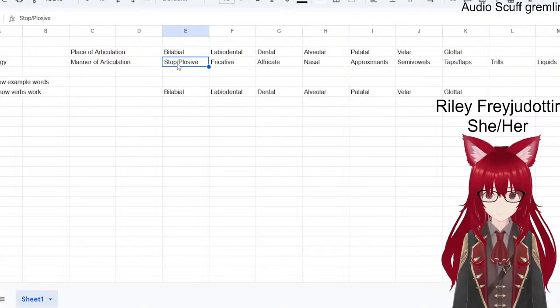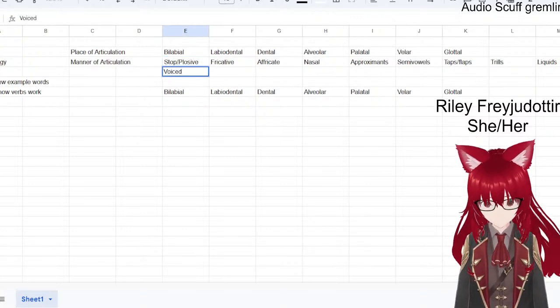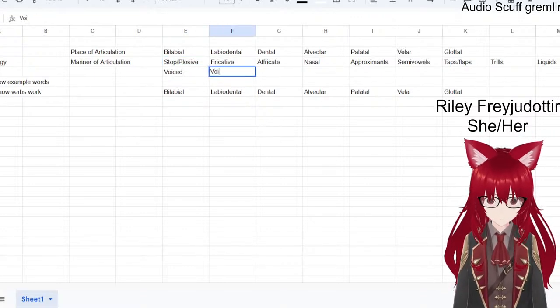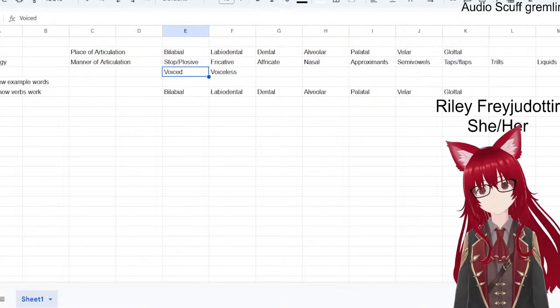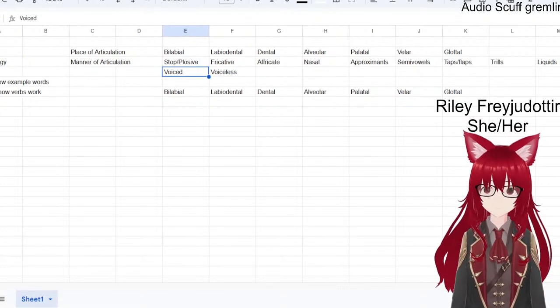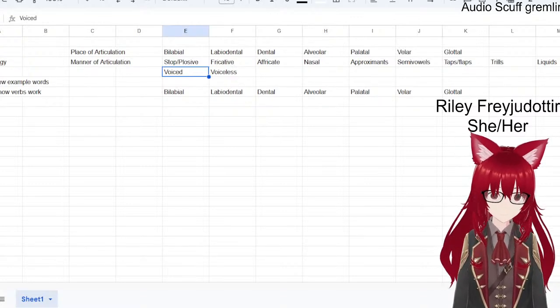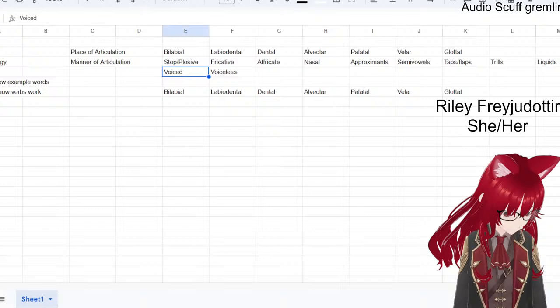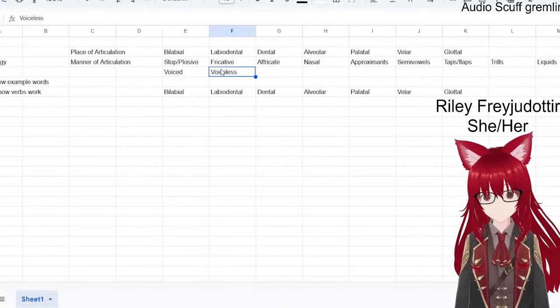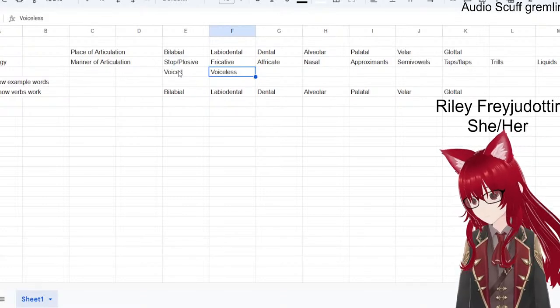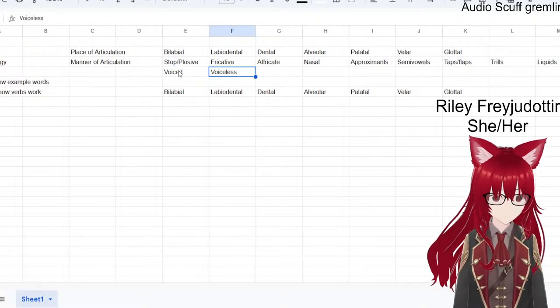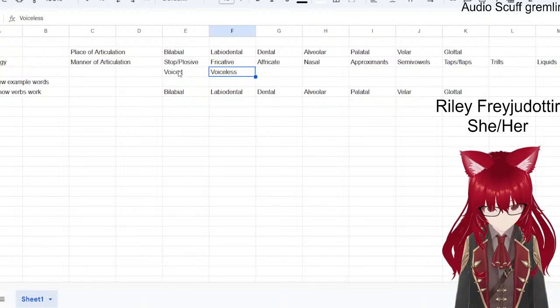You can either have voiced or voiceless. Voiced means that your vocal cords are vibrating when you make the sound, like duh, buh. A voiceless consonant is when your vocal cords are not vibrating, like tuh, puh, suh, ch.